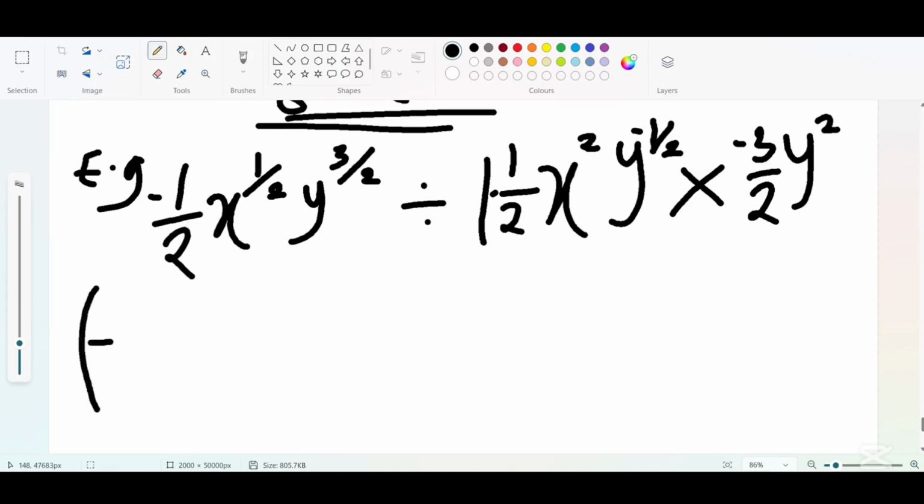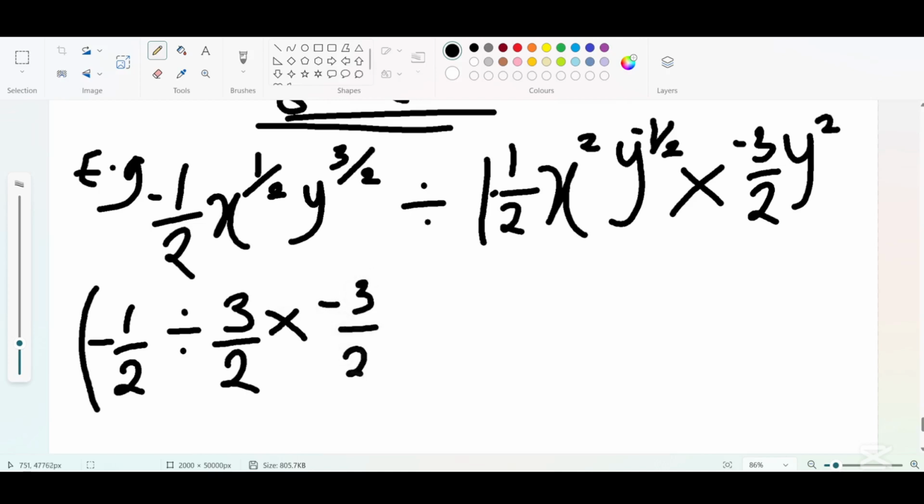We separate them. 1 all over 2 minus 1 over 2 divided by, we convert it to improper fraction. 2 times 1, 2 plus 1, 3 all over 2. So divided by 3 all over 2. Now times minus 3 all over 2. So that one is sorted out. So the coefficients, we apply whatever sign we have between them.